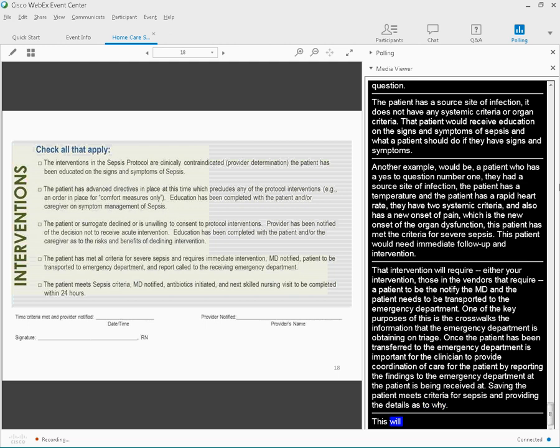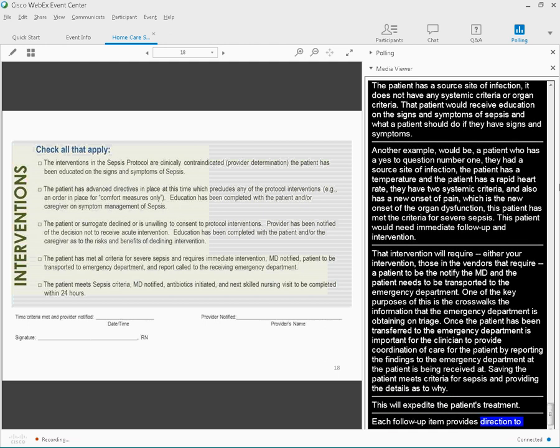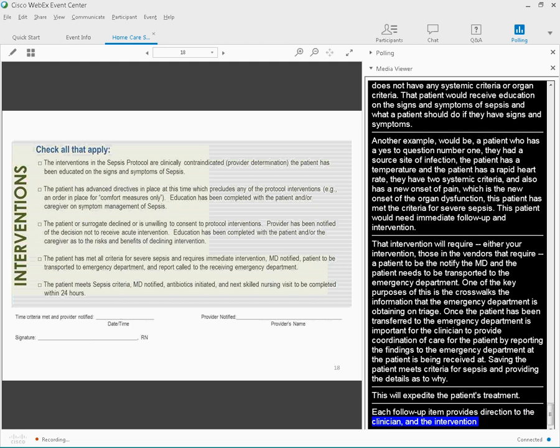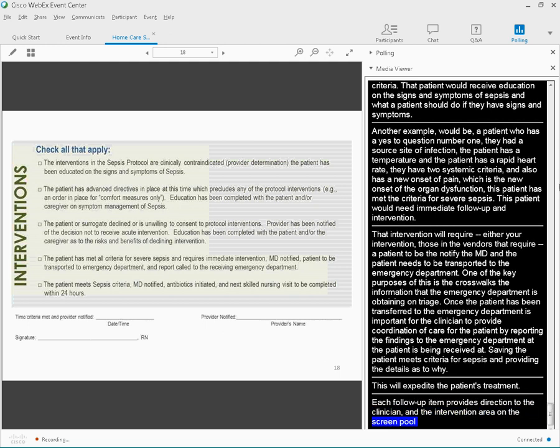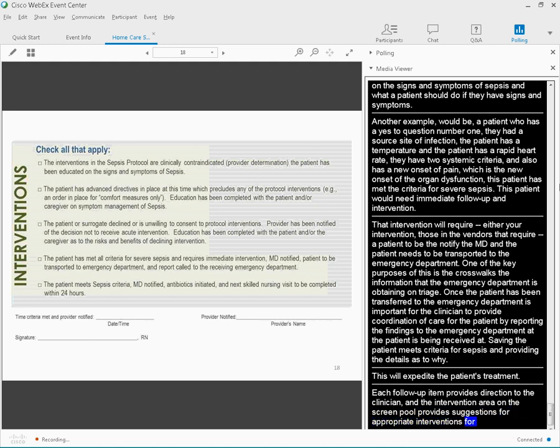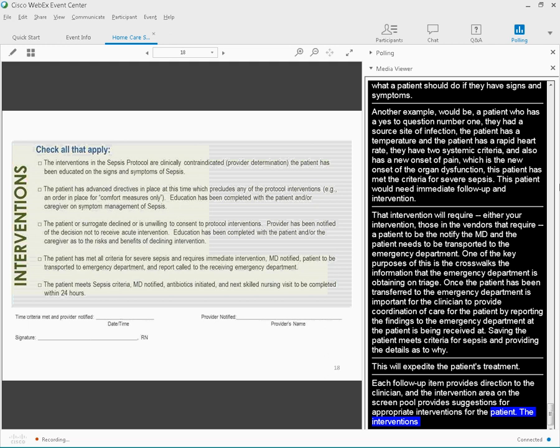Each follow-up item provides direction for the clinician, and the intervention area on the screen tool provides suggestions for appropriate interventions for the patient. The interventions are not all-inclusive of what may be done.